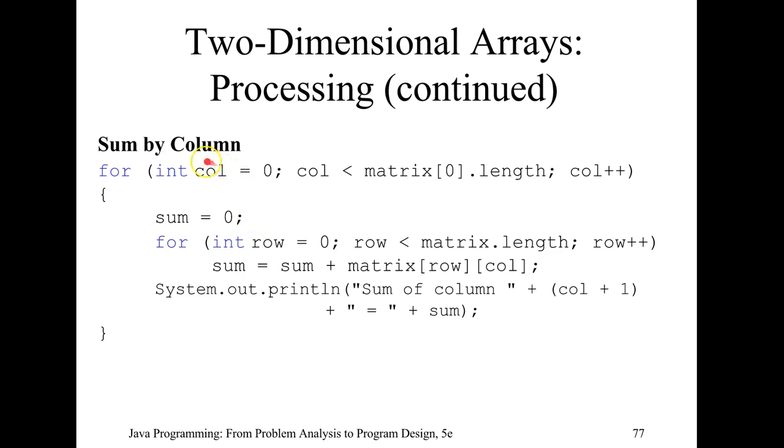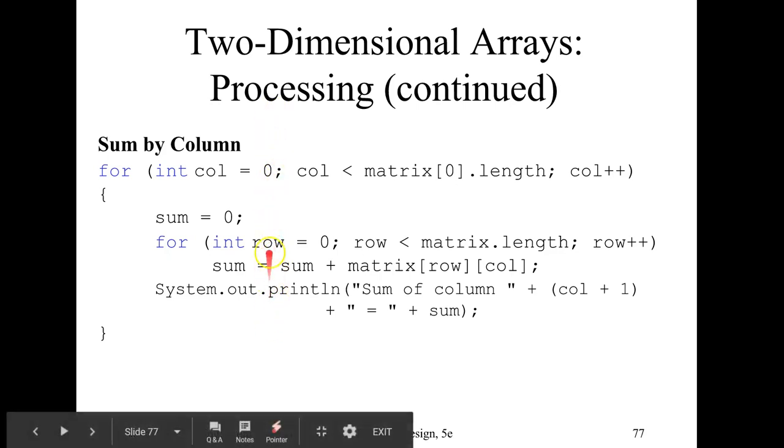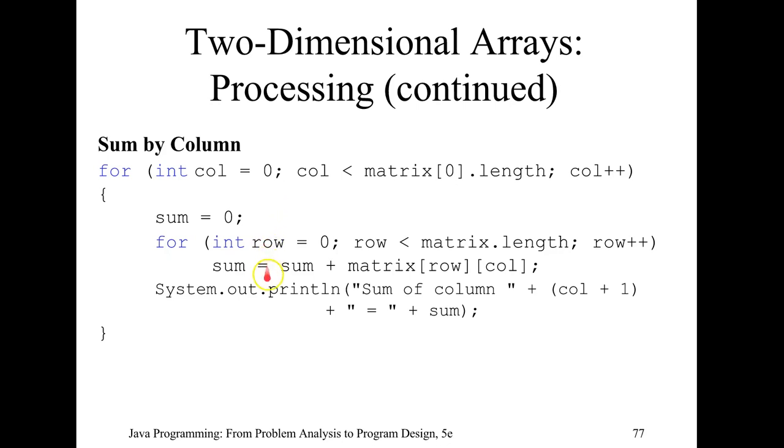If you want to process by the column, you should recognize that the outer loop needs to iterate through all the values of column, while the inner loop changes the rows, because this inner loop is adding up the elements going through multiple rows, same column. So that's just a little practice in understanding looping.